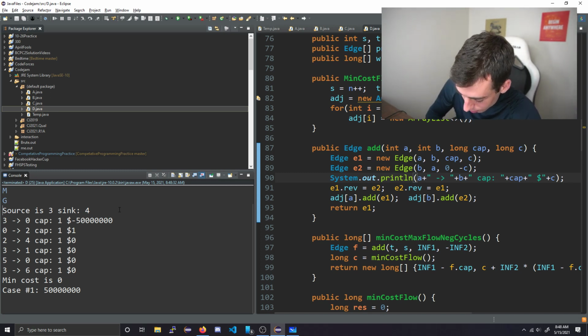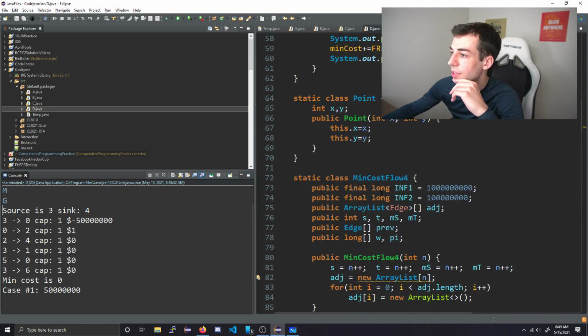Cap 1, 1, negative. 1 to 2, or 0 to 2, $1, $1, 2 to 4, $1, $0. Is this 50K too big? Is that the problem?